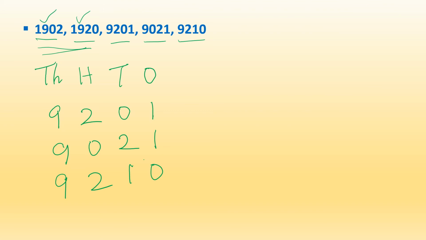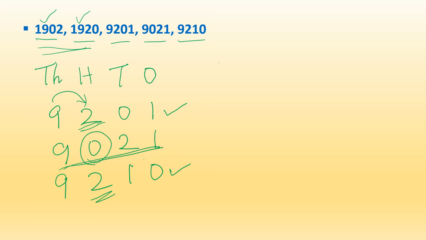Then what you do? You shift to the next place, which is the hundreds place. So you start comparing the numbers in the hundreds place. Again you find that two numbers have got 2 in the hundreds place and this has got a 0. So this you can eliminate for the time being.